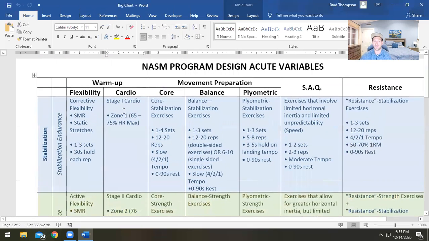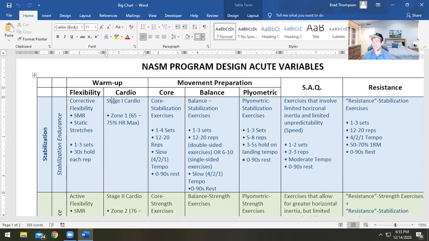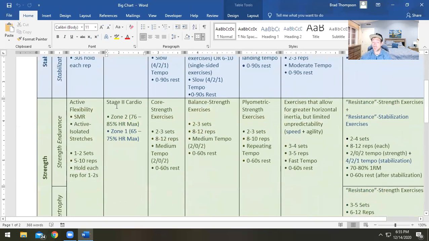Stage 1 cardio is going to consist of zone 1, which is about 65 up to 75% of your heart rate max. Stage 2 cardio consists of zone 2, with zone 1 to recover. So we work in zone 2, we recover in zone 1. Zone 2 is 76 to 85% of your heart rate max. Zone 1 is 65 to 75%.